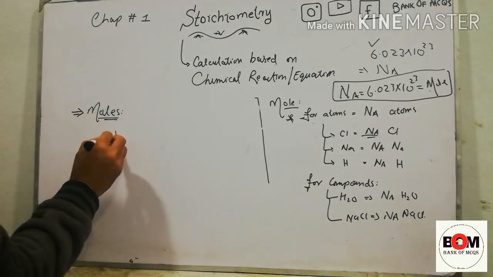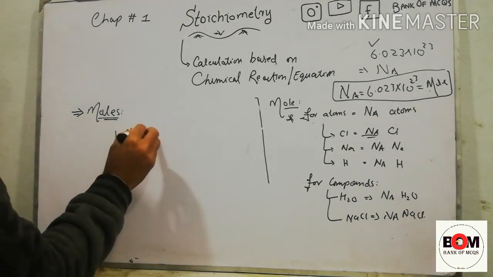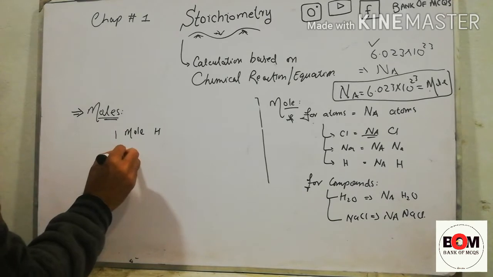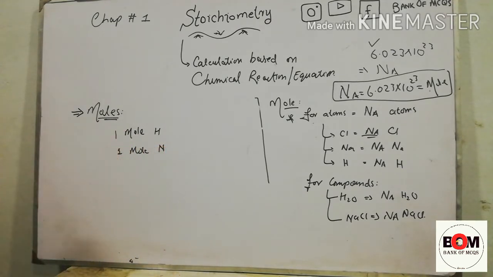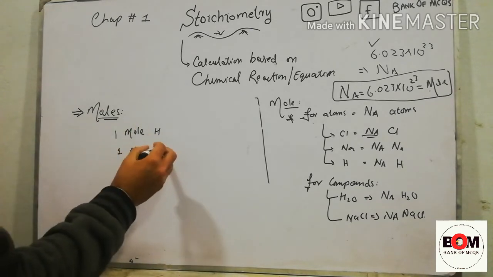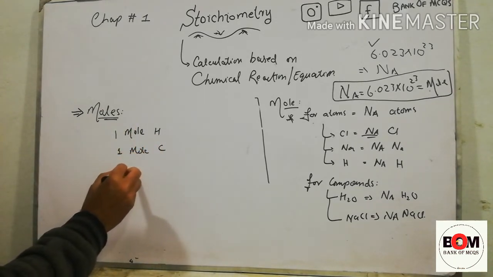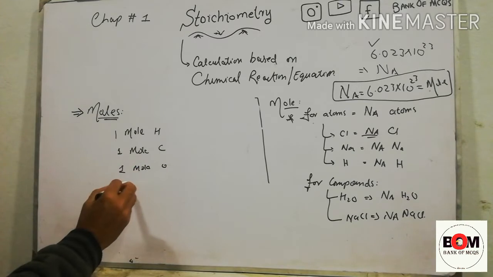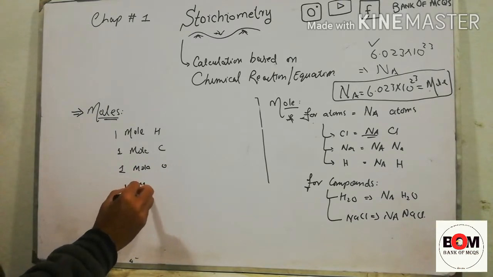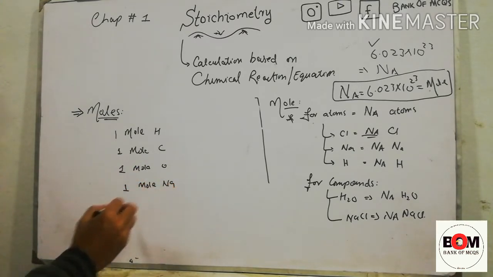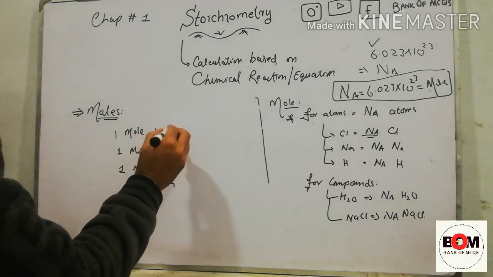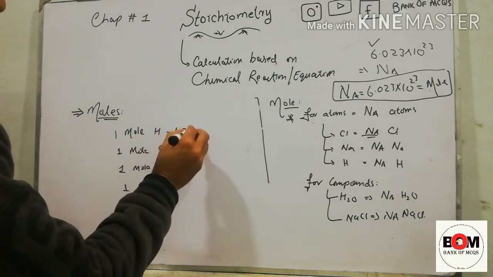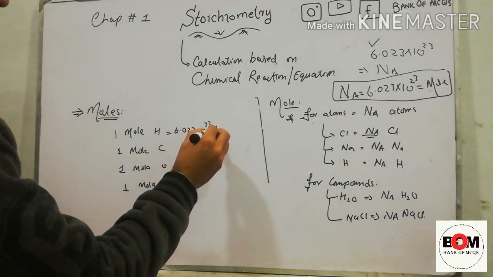The same is true for mole. Take 1 mole of hydrogen, 1 mole of nitrogen, 1 mole of carbon, which is a common atom, 1 mole of oxygen, or 1 mole of Na. In 1 mole of hydrogen we have 6.023 multiplied by 10 raised to power 23 atoms of hydrogen.